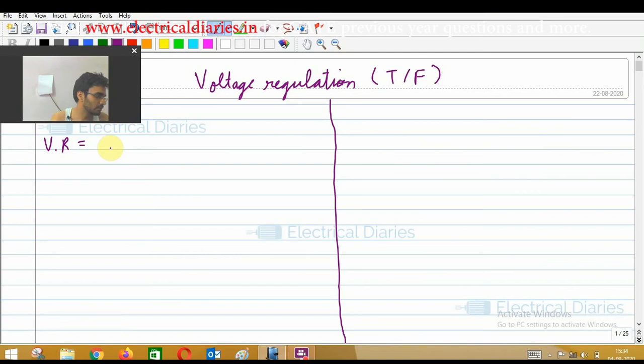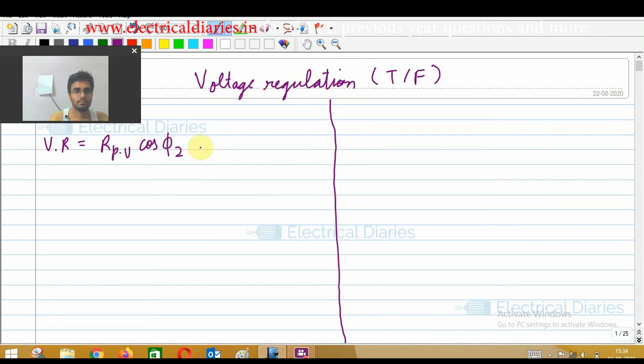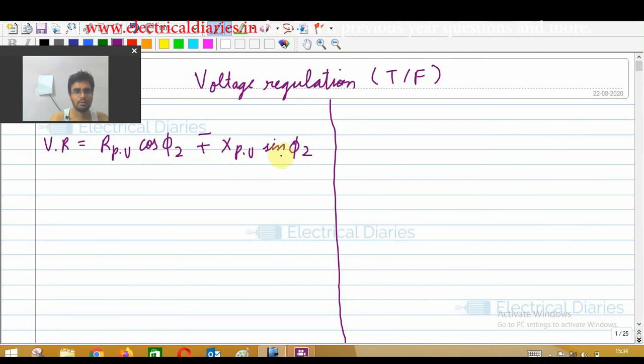The voltage regulation is given by R per unit cos phi 2 plus minus X per unit sine phi 2. Okay, so this is the formula.